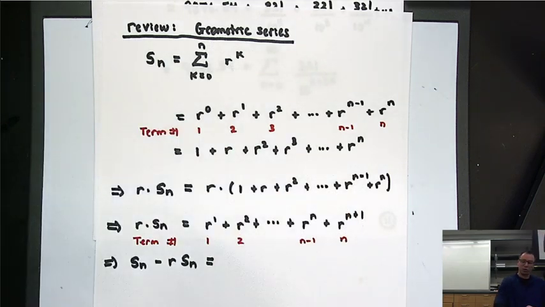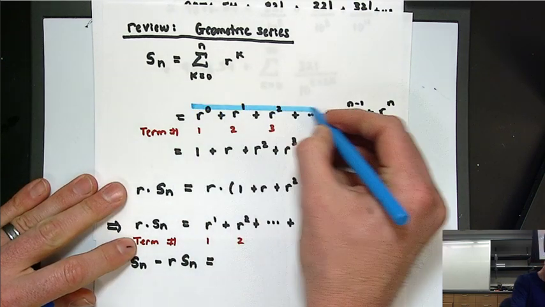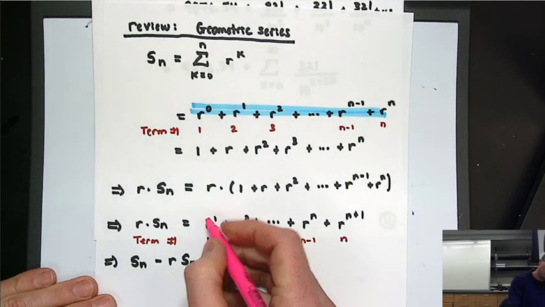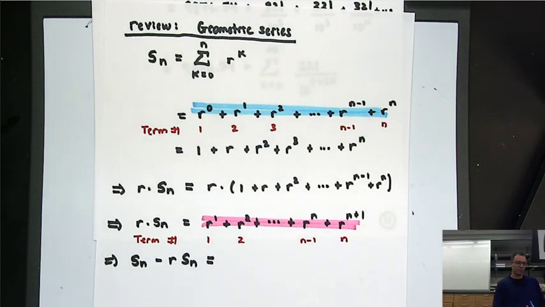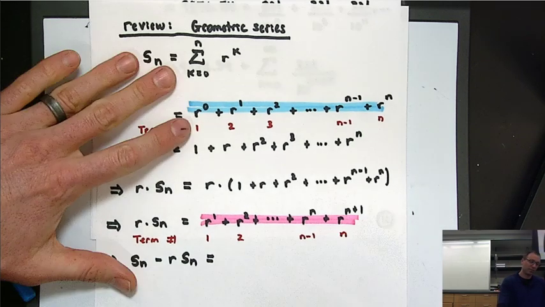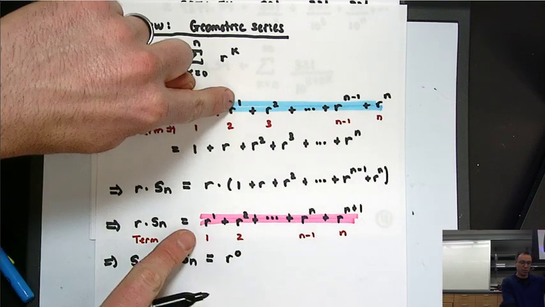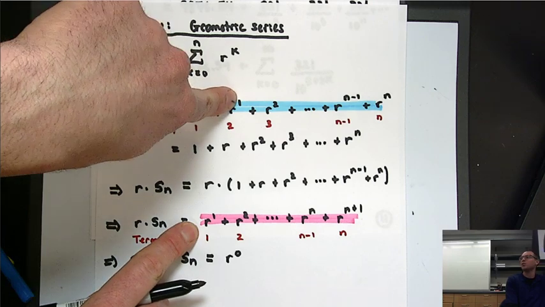What happens when I subtract away from blue, red? What happens to your r to the 0? So r to the 0 stays. Everything else, terms 2 through n minus 1, telescope, right?